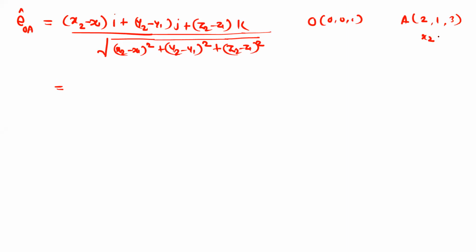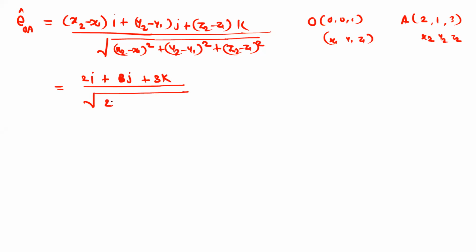So this is x2, y2, z2, and this is x1, y1, and z1. So this is 2 minus 0, so 2i plus j plus 3k, divided by the square root of 2 square plus 1 square plus 3 square.